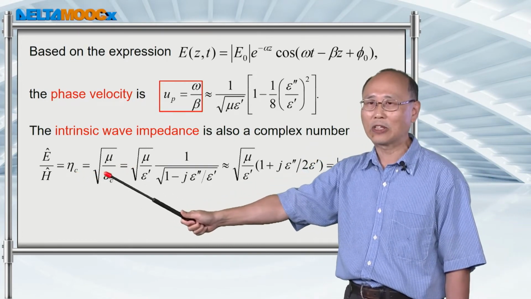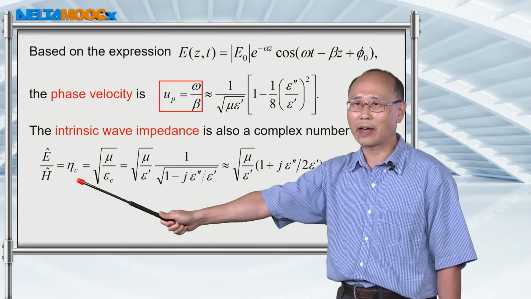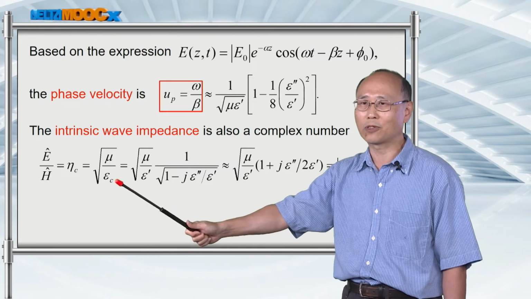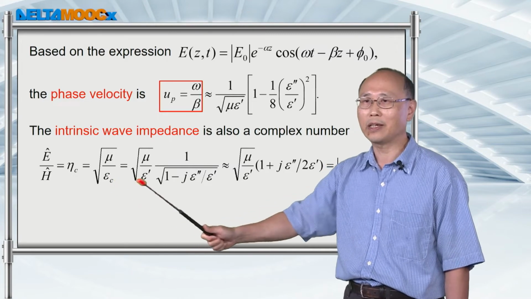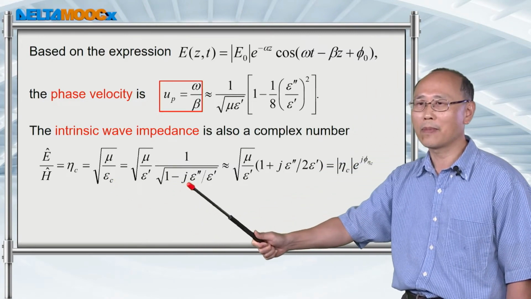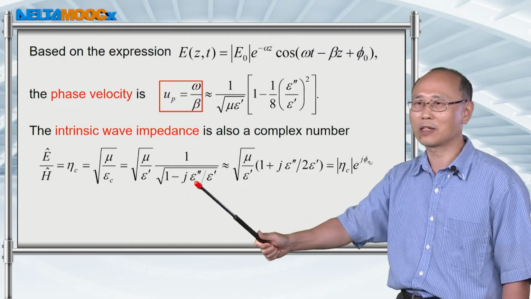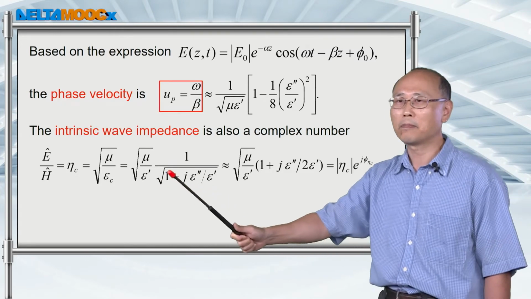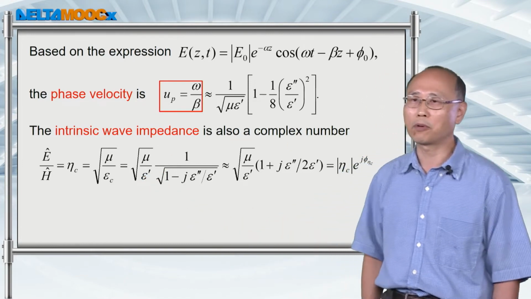And by definition, the wave's intrinsic impedance is equal to square root of mu over epsilon_c. This epsilon_c is given by 1 minus j epsilon double prime over epsilon prime, multiplying with this epsilon prime.